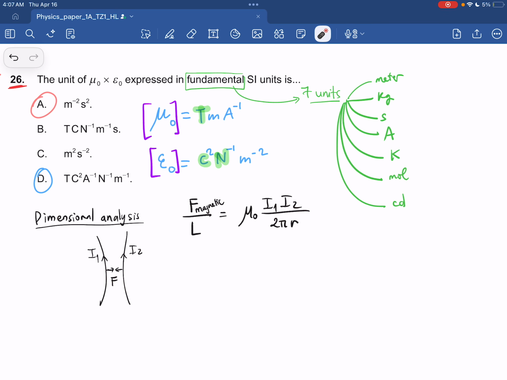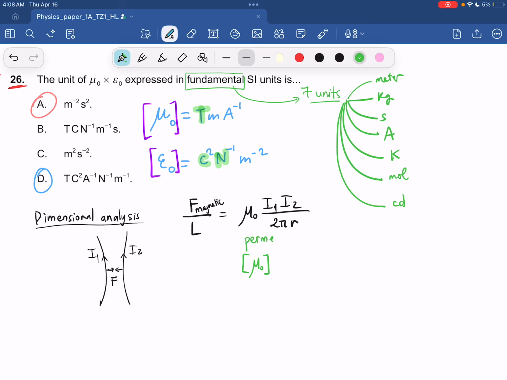So this is just a really quick review of the formula itself. The point I try to make here is that if we want to find a unit for mu naught, what is mu naught? Mu naught is the permeability of free space, of the vacuum. The naught here is for the vacuum.